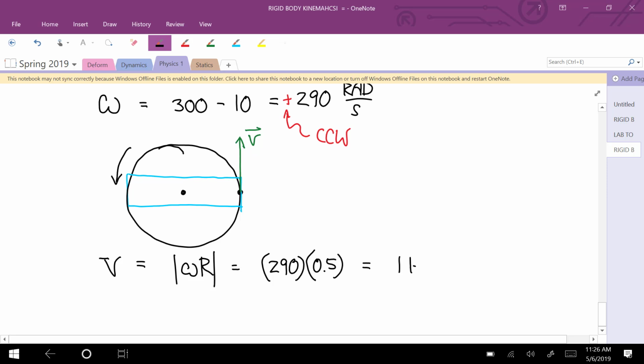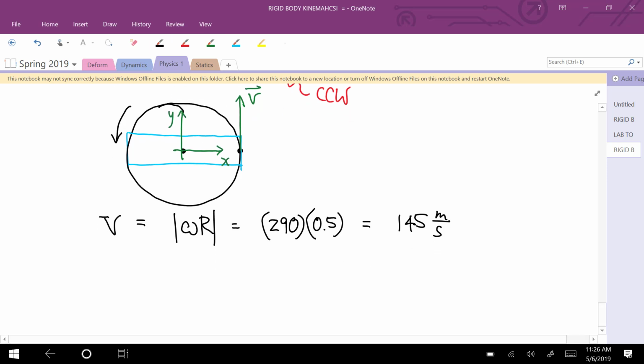And so that's 145 meters per second. And since that's in the positive y direction, using this coordinate system, the velocity vector of the point A is 0, 145.